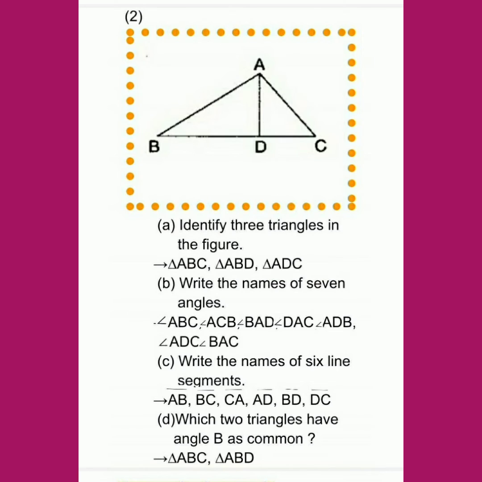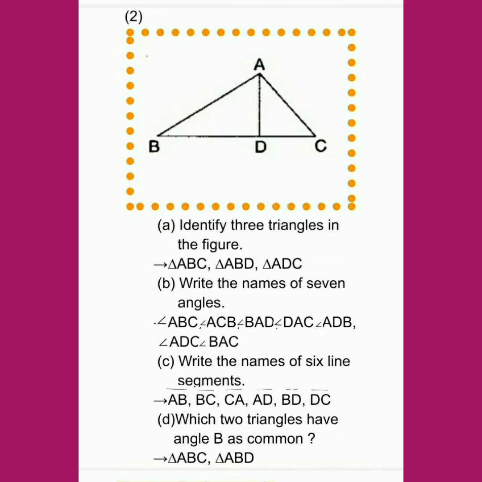Now, as you see, there are 7 angles. Now, which are they? Angle ABC, angle ACB, angle BAD, angle DAC, angle ADB, angle ADC and angle BAC. These are the 7 angles in the figure.